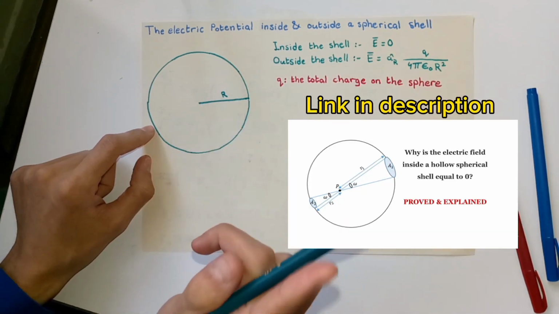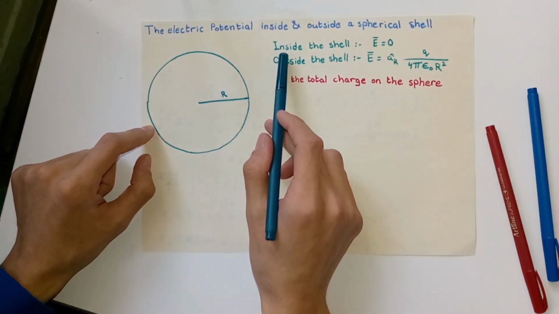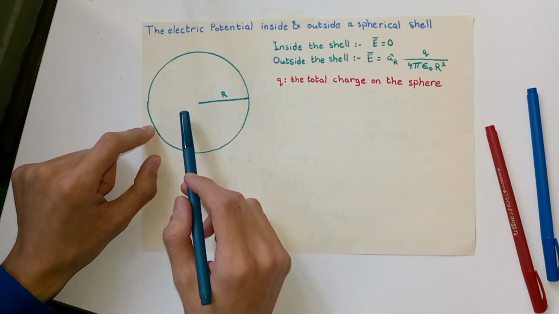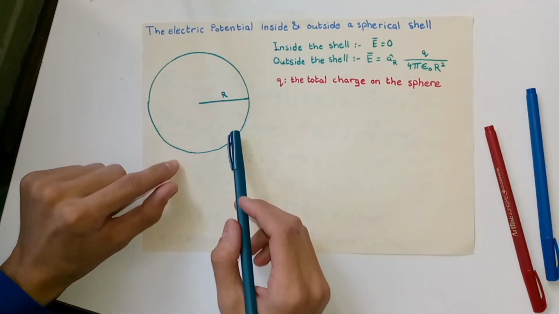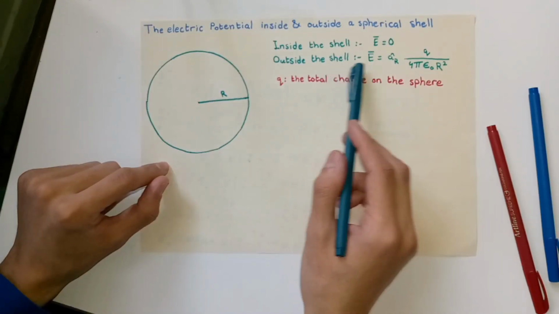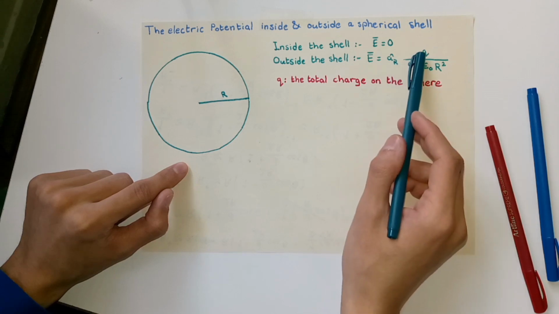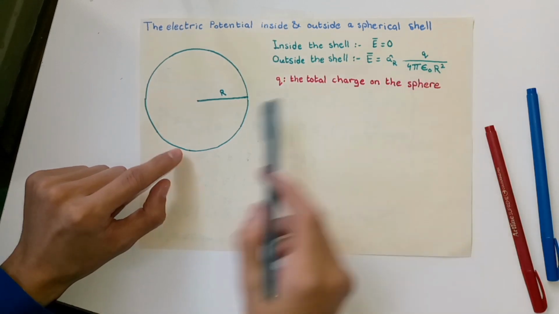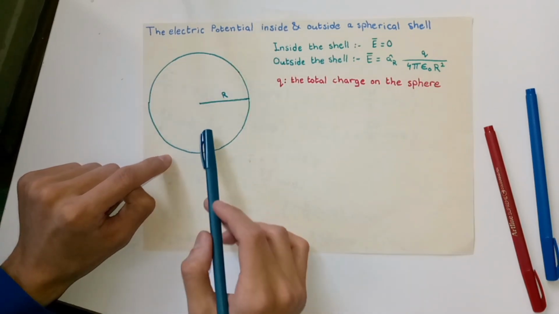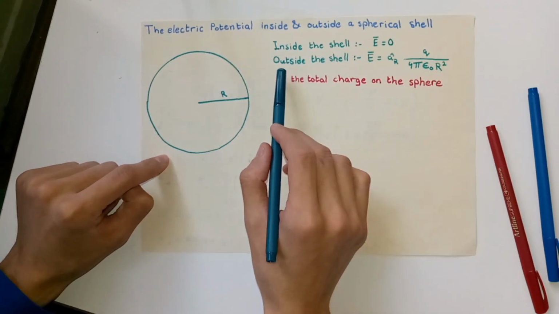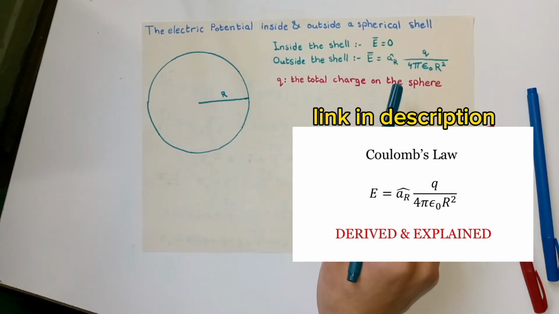We have this video that I added in the description where I am proving that we have no electric field inside the spherical shell, and outside the spherical shell we have an electric field, and it's radial, and it's measured by this equation, where r is the radius of the sphere and q is the total charge on the sphere. And we have a video where we proved this formula. You can see it in the description too.